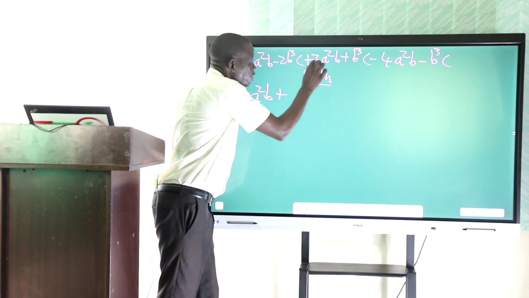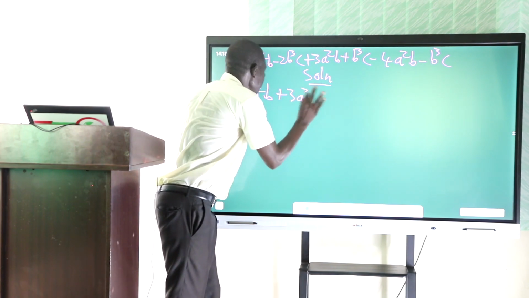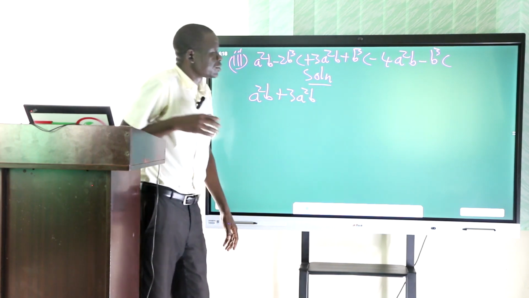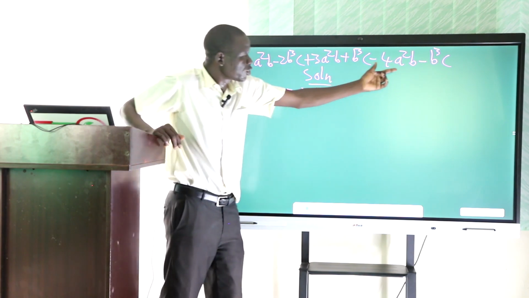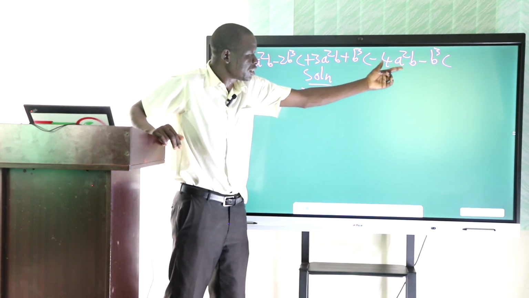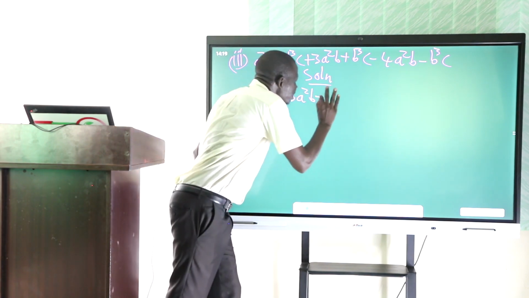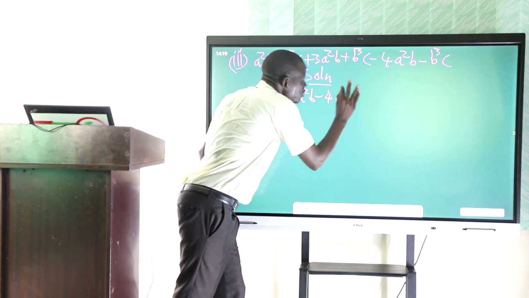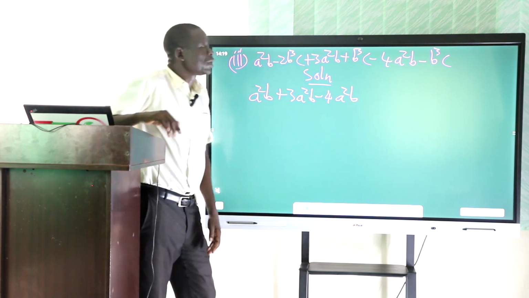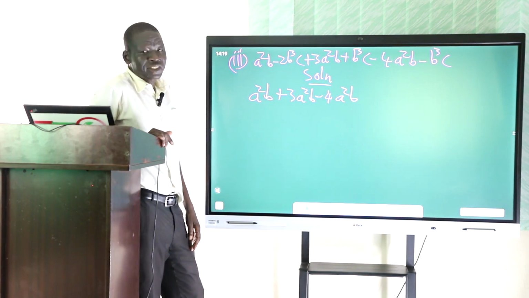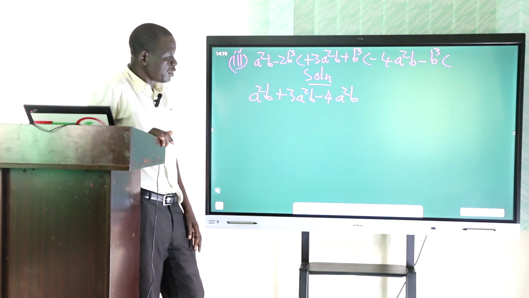So you bring the 3a squared b near it. There is also this one here, 4a squared b, but this is negative. So we say minus 4a squared b. So we have collected all the similar terms in a squared b.